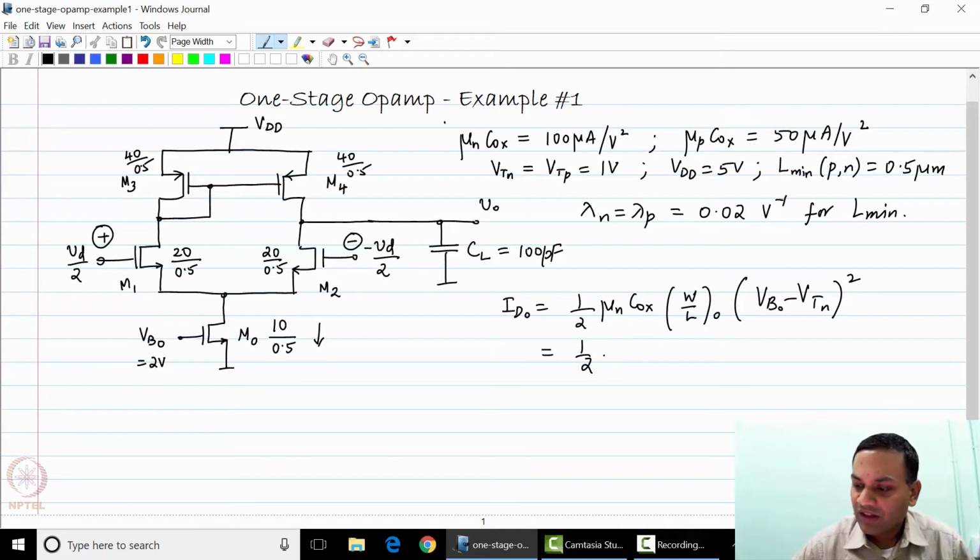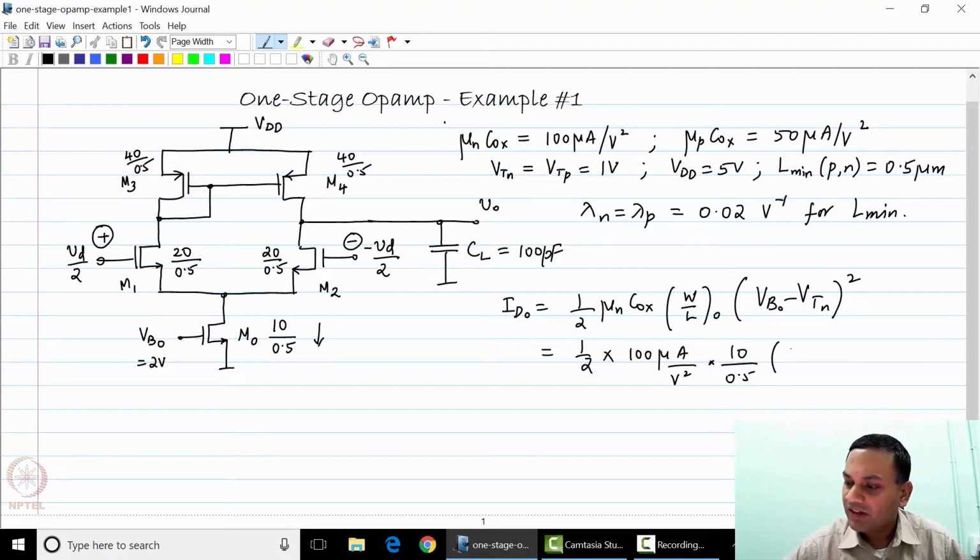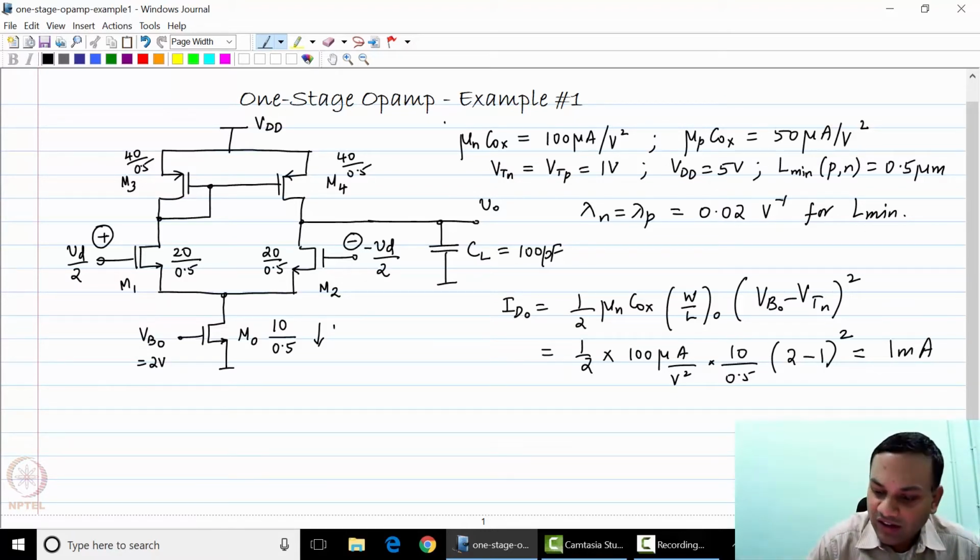And this is clearly half into 100 microamp per volt squared times 10 over 0.5 into 2 minus 1 the whole square. So this current through M0 is equal to 1 milliampere.